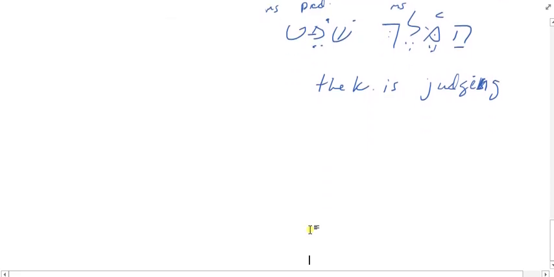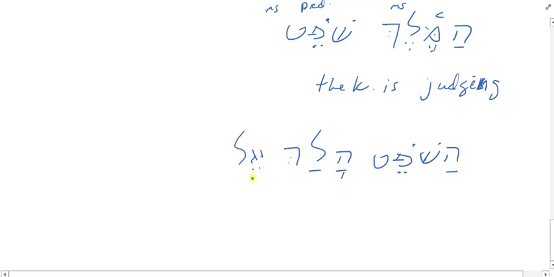All right. And then I could also have a substantival use of the participle. And that's where the participle itself is functioning as a noun. Like I could say something like ha-shofet halach el ha'ir. Okay? How would I translate that? Ha-shofet.